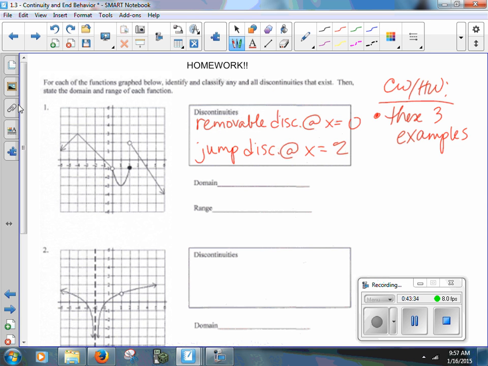Then I want you to turn to page 21 through 58. And it's just domain and range. Just domain and range, okay?